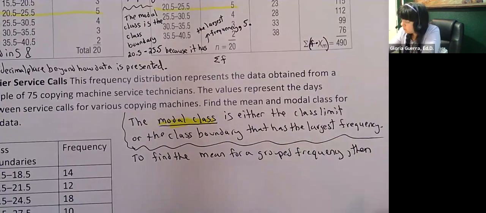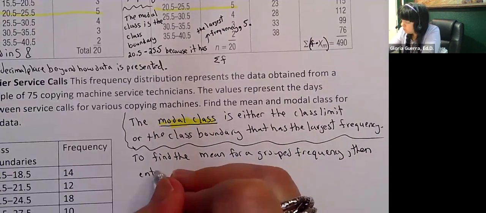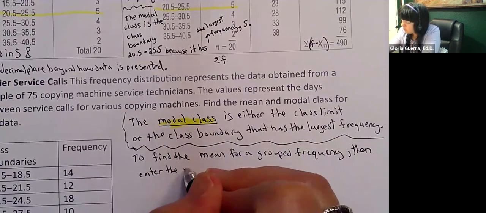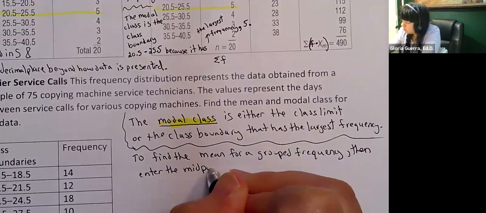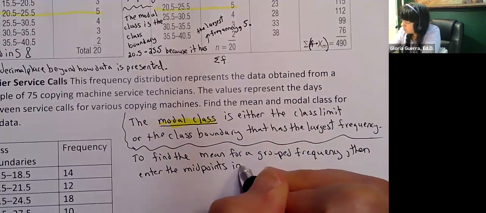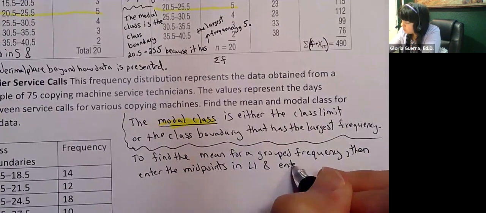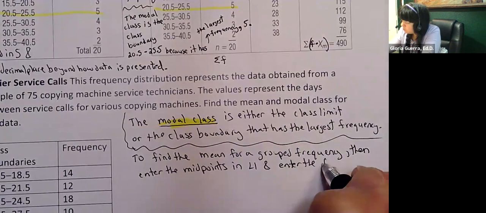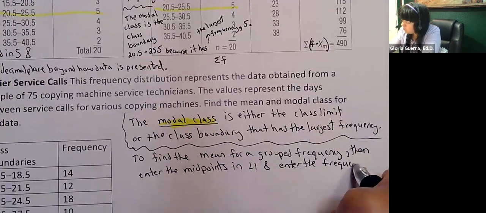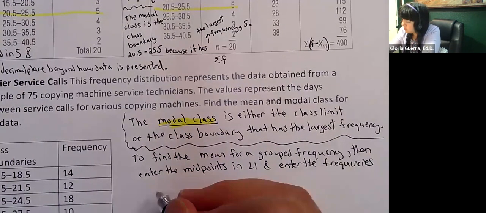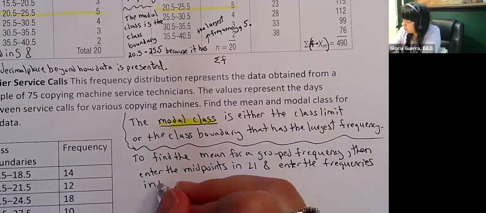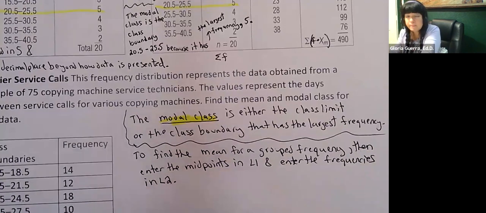Then you have to enter the midpoints in L1, and you have to enter the frequencies in L2. So you have to start with that.